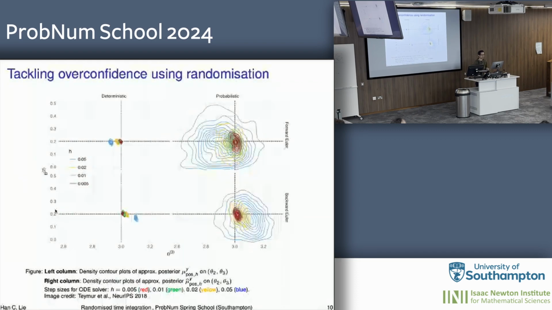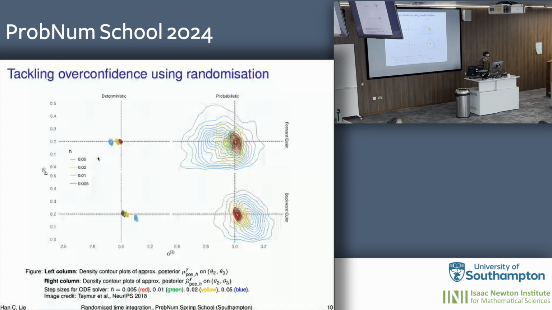Why is this relevant? Because randomization can be used to tackle overconfidence, as we have seen. What you see is a plot of a contour density. We place a probability density on the parameters, just theta 2 and theta 3, so that we can visualize things. On the left column, you see the results if we don't do randomization at all.